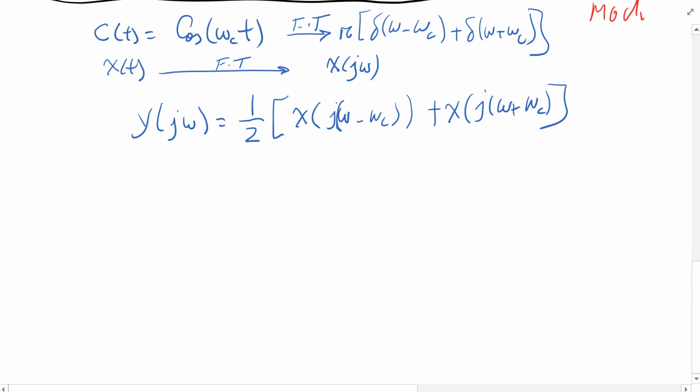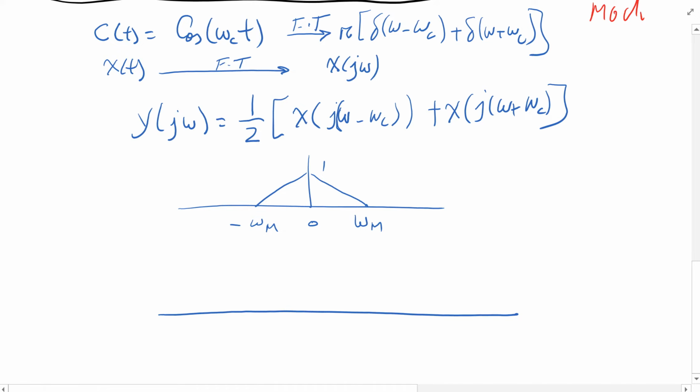What that picture looks like, once again, if we assume our signal is bandlimited from −ω_m to ω_m, and let's say its height is 1, then my carrier is two-sided because a cosine has the positive side and the negative side.